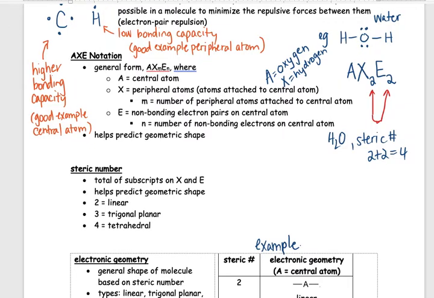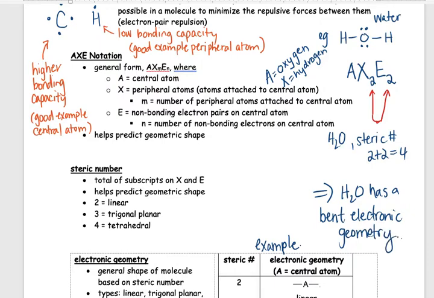So you could say, therefore, water has a bent geometry. Bent electronic geometry, let's get really fancy here. We're taking into account the electrons and the peripheral atoms, and determining it has a bent shape like that.